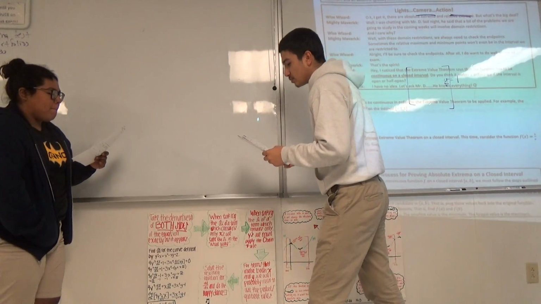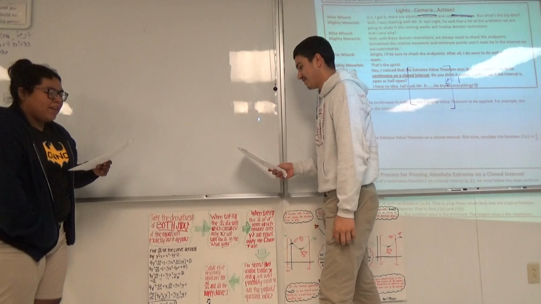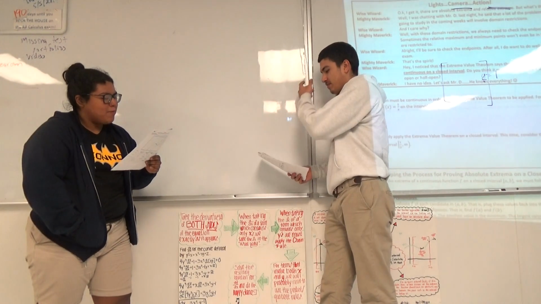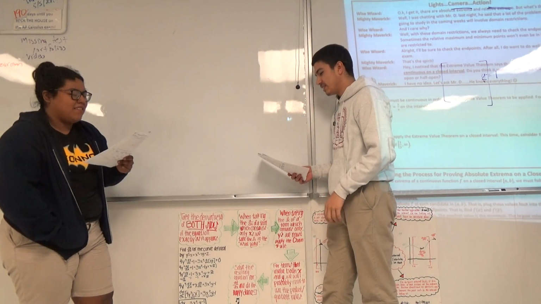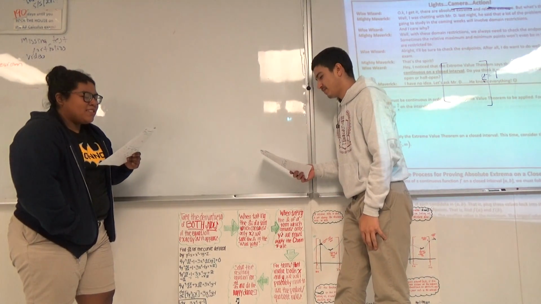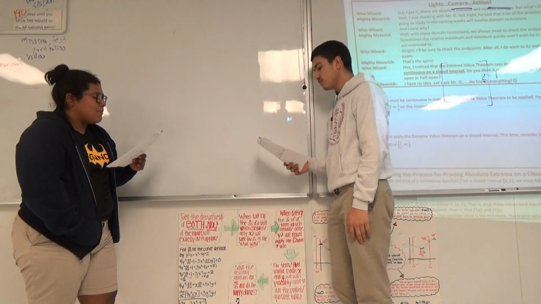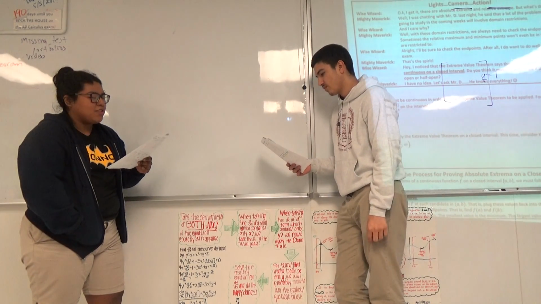Okay, I get it. There are absolute extrema and relative extrema. But what's the big deal? Well, I was chatting with Mr. D last night. He said that a lot of the problems we are going to study in the coming weeks will involve domain restrictions. And I care why? Well, with these domain restrictions, we always need to check the endpoints. Sometimes the relative maximum and minimum points won't even be in the interval we are restricted to.